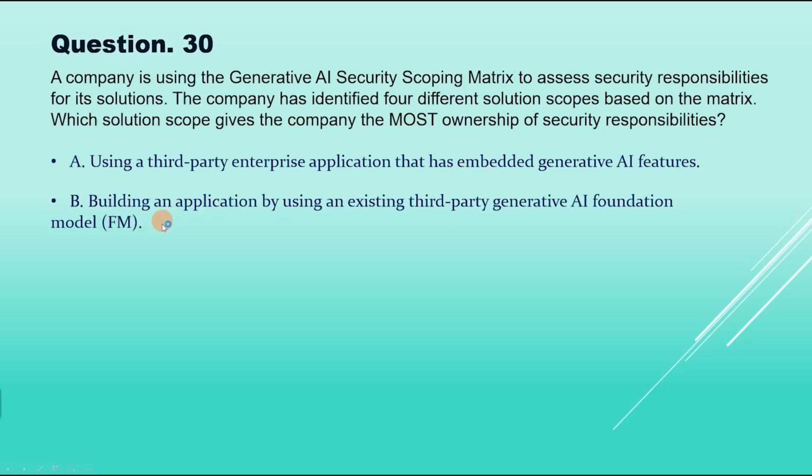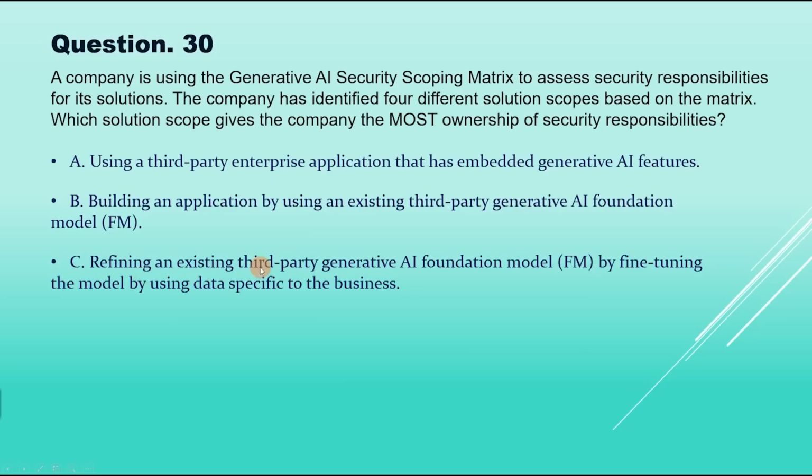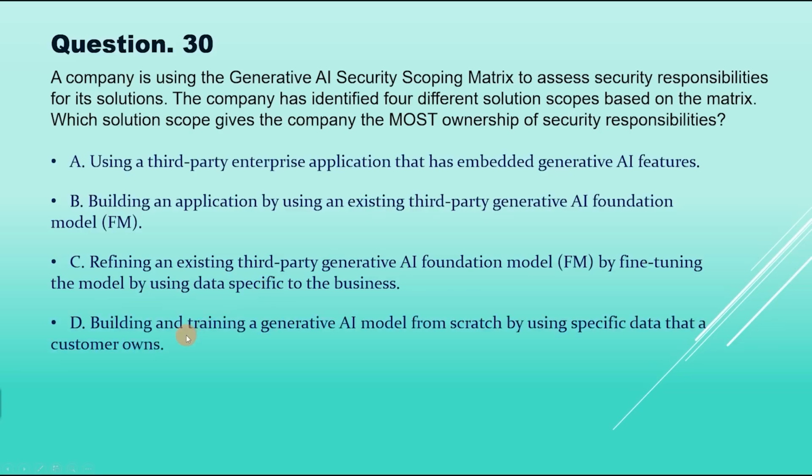Option B, building an application by using an existing third-party generative AI foundation model. Option C, refining an existing third-party generative AI foundation model by fine-tuning the model by using data specific to the business. Option D, building and training a generative AI model from scratch by using specific data that a customer owns. So these are the options. Please take your time to guess the correct answer.